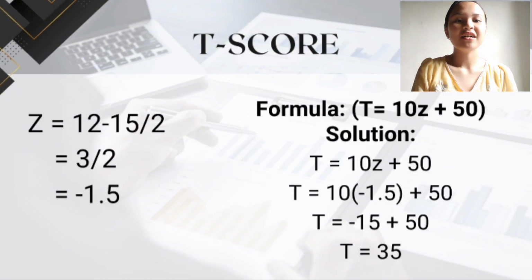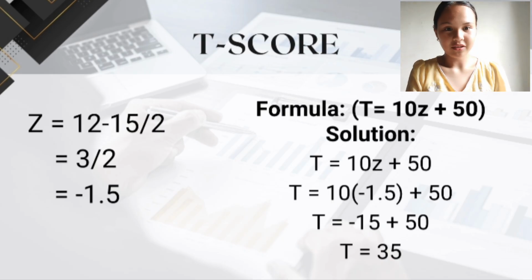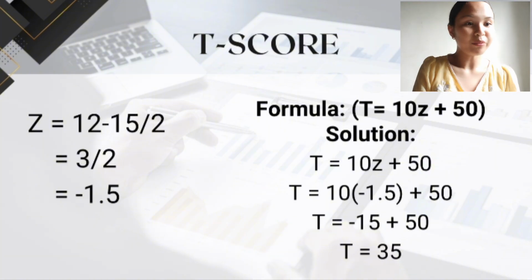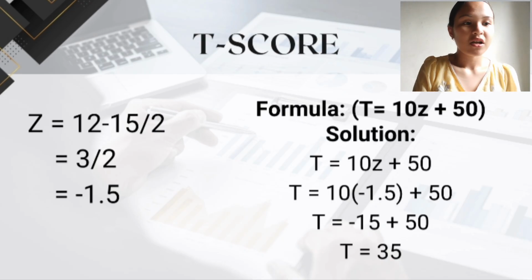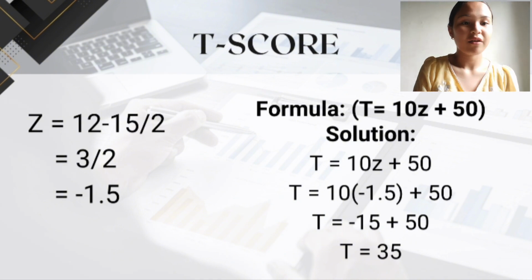Earlier, we got the z-score, so we will use it to get the t-score. T equals 10 multiplied by negative 1.5 plus our mean, which is 50. 10 times negative 1.5 equals negative 15 plus our mean. Negative 15 plus 50 equals 35.